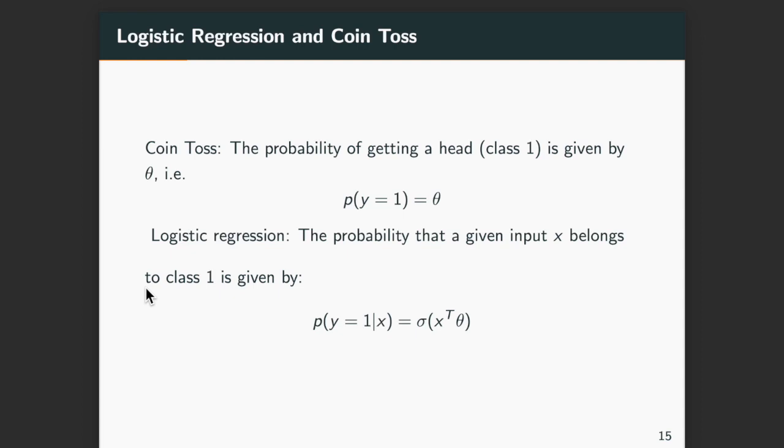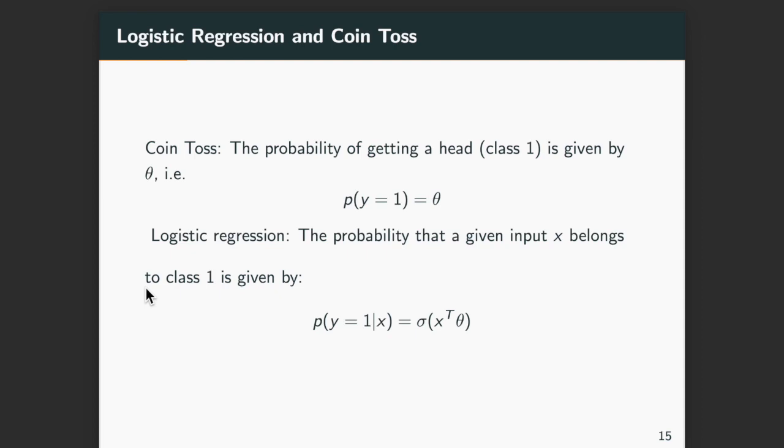Okay, Utkarsh. Right, you're trying to compute p of y equal to 1 given x. X transpose theta is not going to be between 0 to 1, it can be anywhere. You want to squash that to something between 0 and 1, and therefore you apply the sigmoid activation. You could have used something else also, but sigmoid is one such activation which you can use.